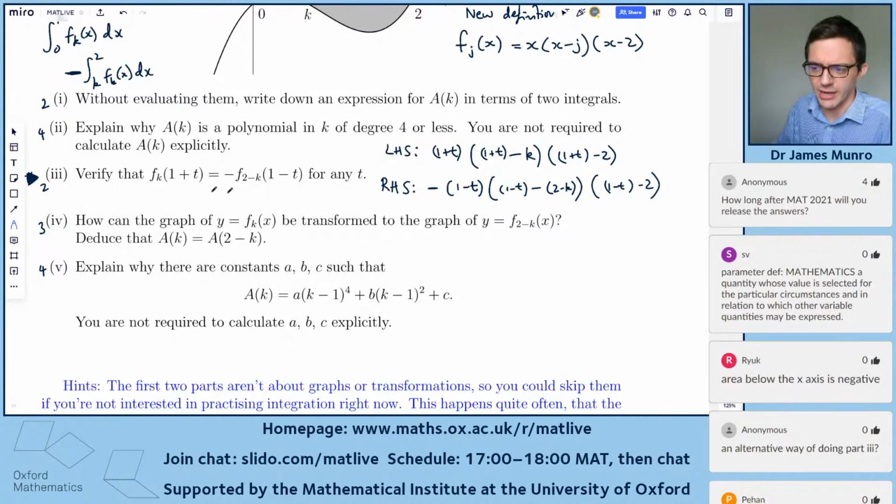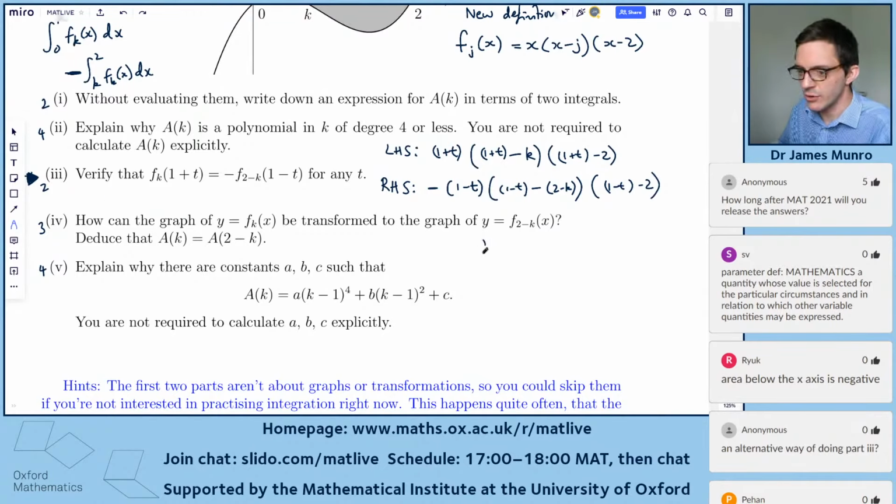We've got an equation now, so if we've proved this with algebra, which I kind of started doing, then we can now talk about transformations. This thing on the left is a translation of f of k 1 unit left. Okay, so this is f_k of t 1 unit left. I'm not going to write it in that gap. That gap's tiny.